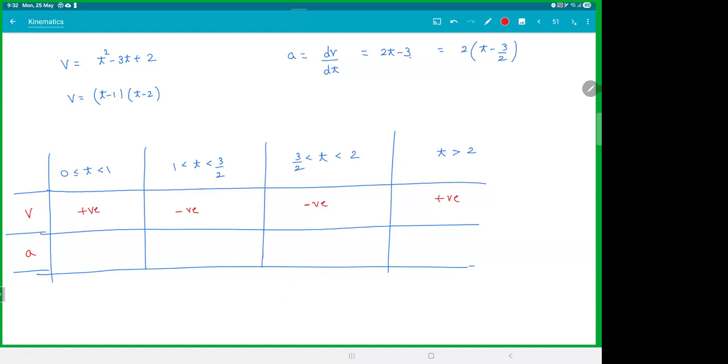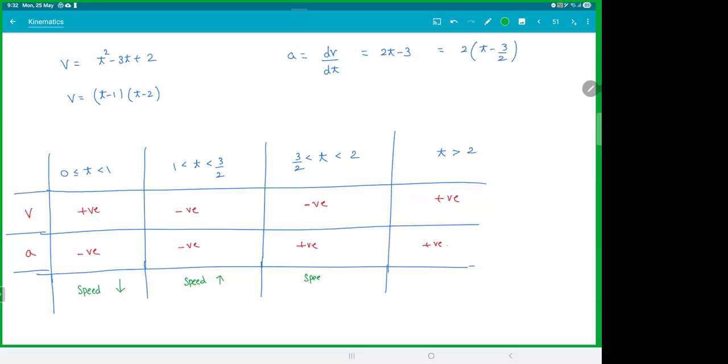What about acceleration? This is straightforward. If t is less than 3 by 2, it's negative, negative. T greater than 3 by 2, positive and positive. There you're done. So if both have same sign, means you're speeding up. Both are opposite, you're speeding down. So V is positive, A is negative, your speed is decreasing. Negative, negative, speed is going up.